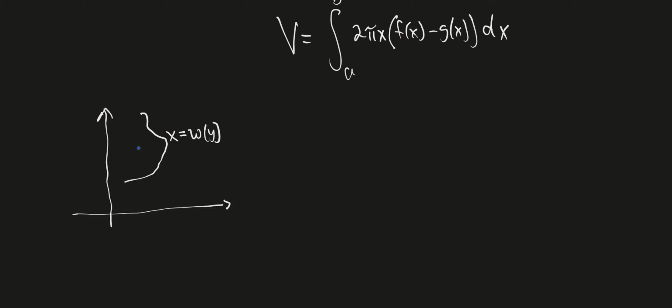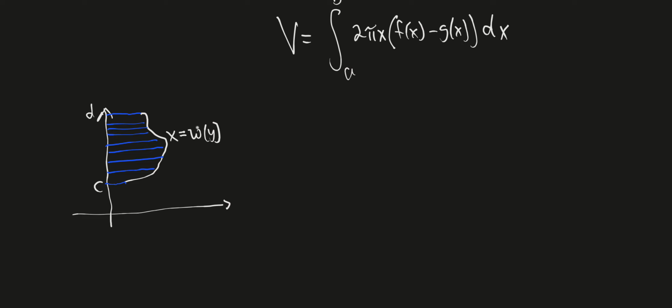And then the region is from here up to here. So it's now, again, I'll do these horizontally. And as usual, on the y-axis, we're going to use c and d, right? So the limits are on the y.